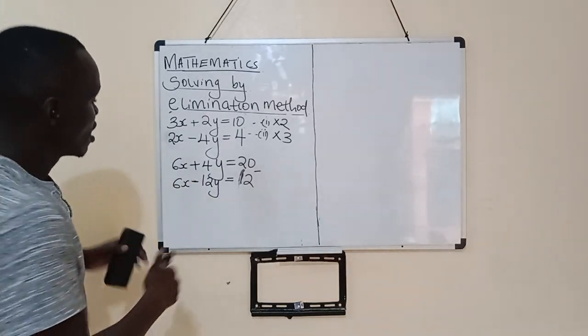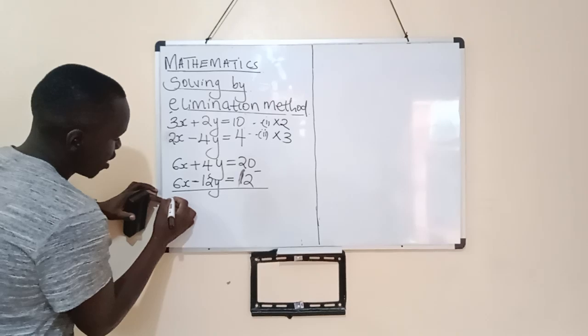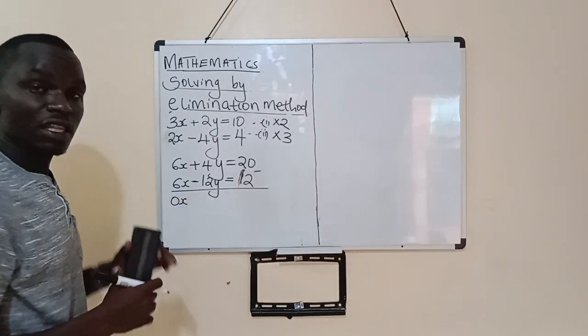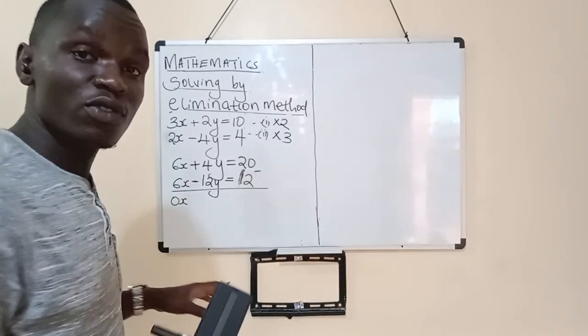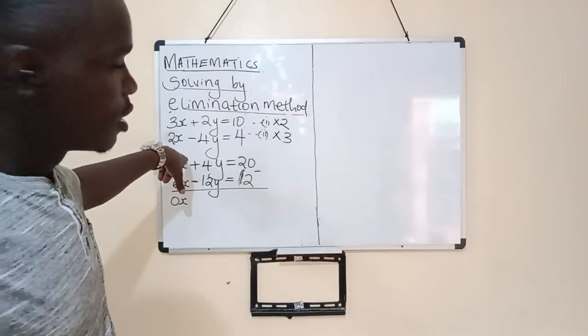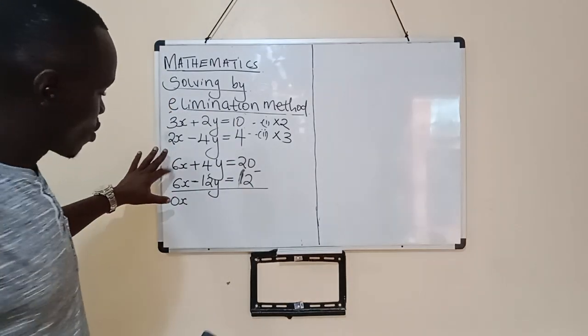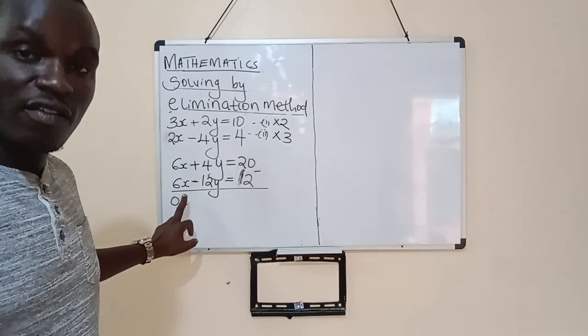Now subtracting, we have 6 minus 6, which gives 0x. It's good you understand that we are subtracting equation 2 from equation 1. So we have 6 minus 6, which is 0.